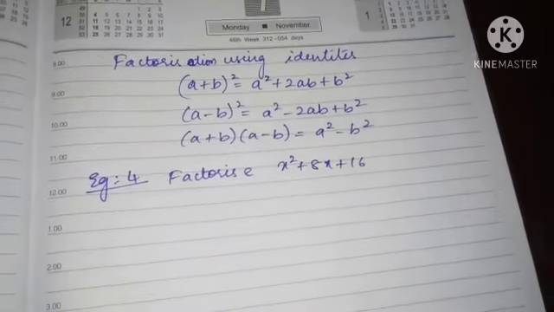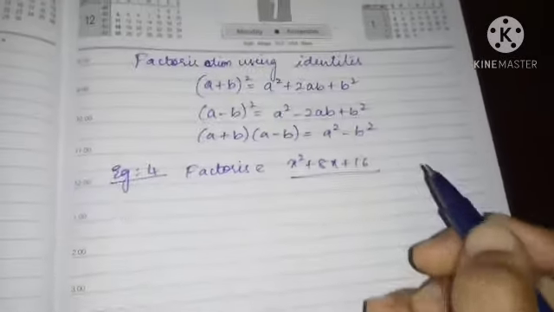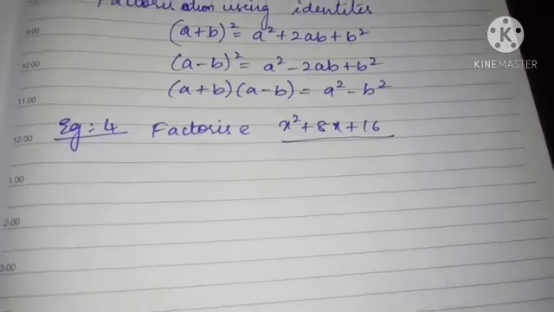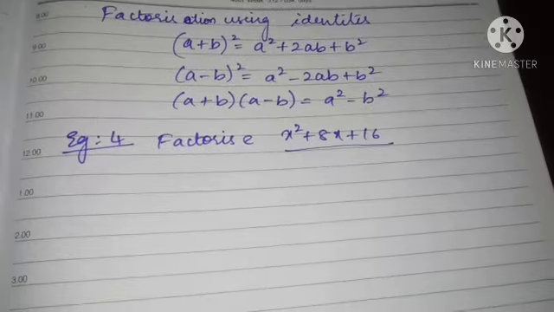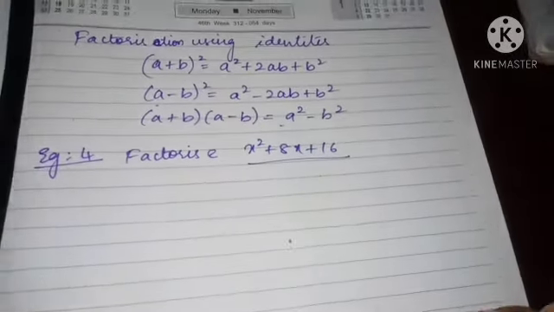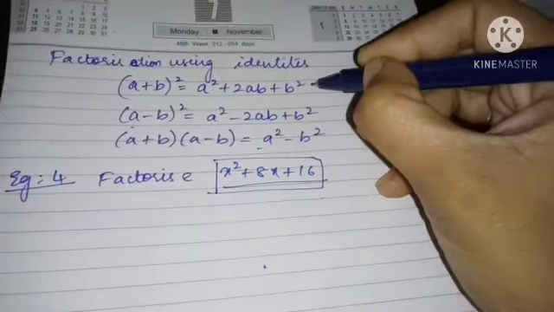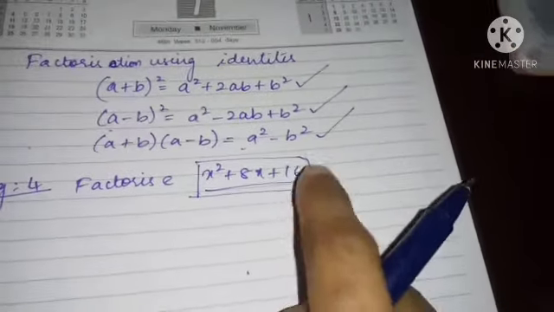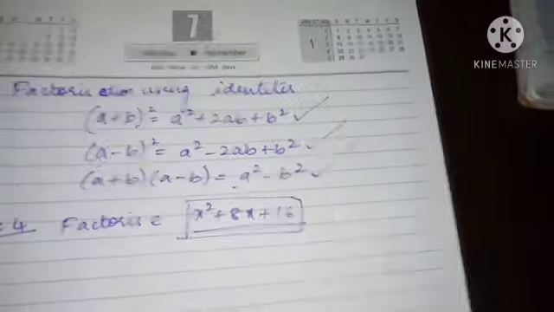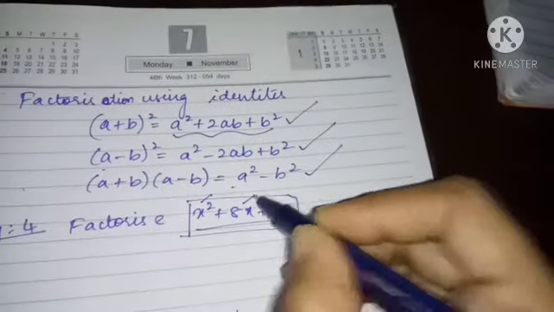By seeing this question, we are supposed to find the factorization. See, whether this looks like the first, second or third identity: x square plus 8x plus 16 consists of 3 terms.